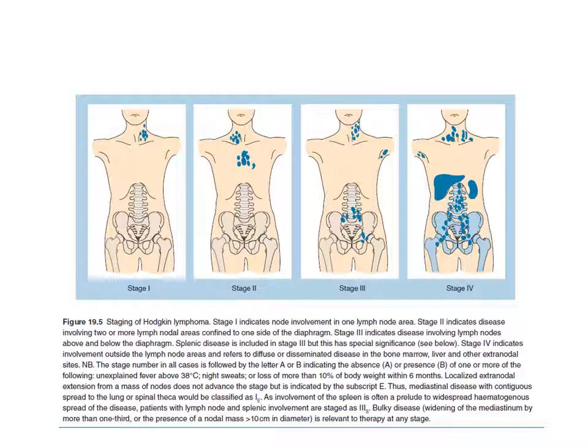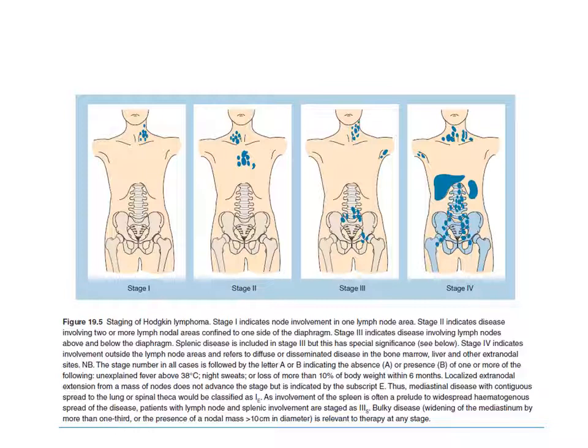Staging of Hodgkin lymphoma. Stage 1 indicates node involvement in one lymph node area. Stage 2 indicates disease involving 2 or more nodal areas confined to one side of the diaphragm. You can see stage 1 and stage 2, from left to right, in these two pictures. Splenic disease.